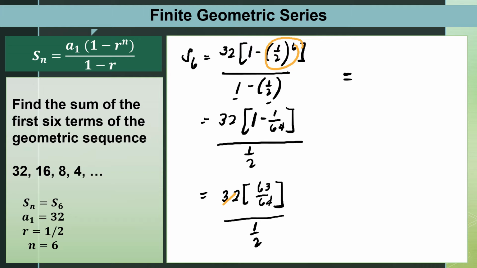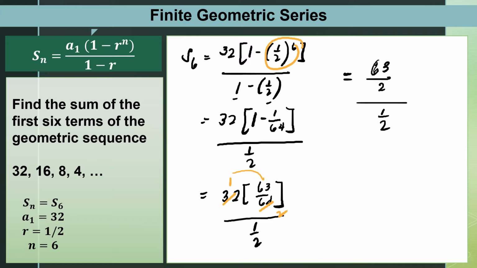So, si 32 at si 64 ay may common factor na 32. 32 divided by 32 is 1, at 64 divided by 32 ay 2. So, instead of multiplying 32 times 63, pwede ko na lang i-multiply si 1 at 63. So, 1 times 63 is equal to 63, at meron pa rin tayong denominator na 2 all over 1/2.